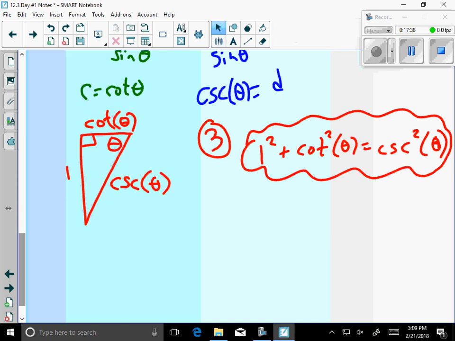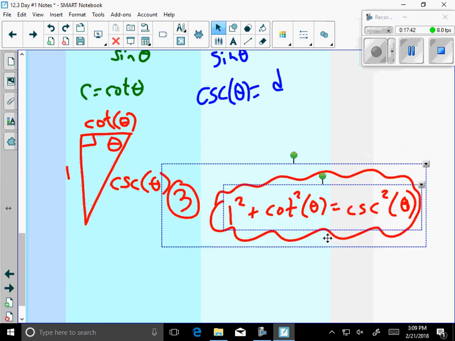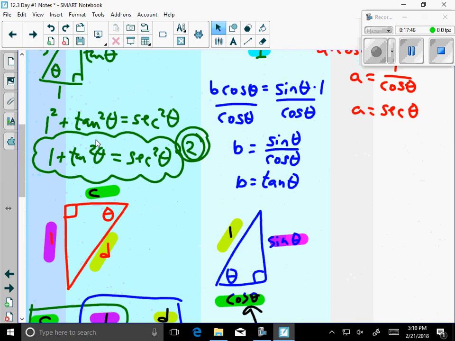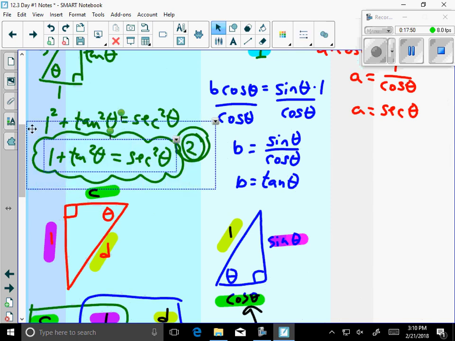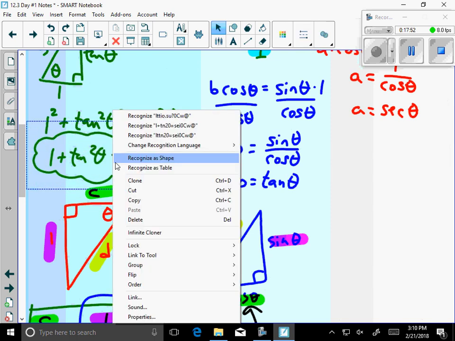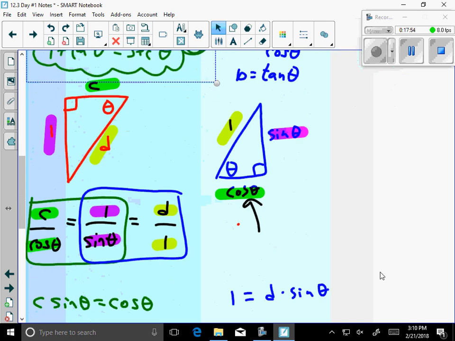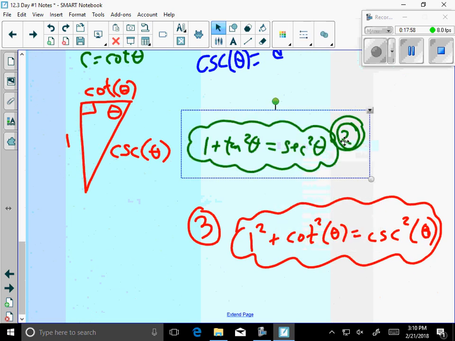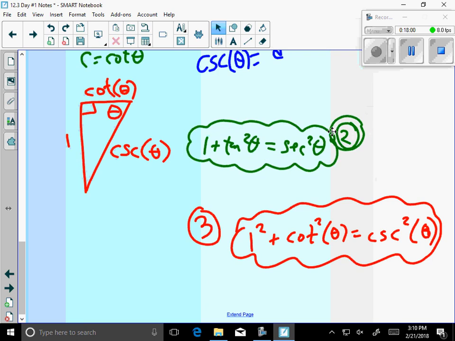Okay, let's put them all together, you guys, so we can see our 3 identities. Let's cut and paste a little bit here. I'm going to move this down. There was identity 3. Let's get identity 2. Copy and paste it here. Uh-oh.